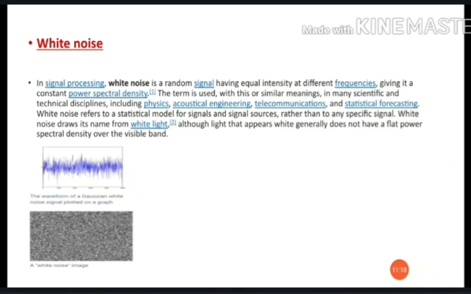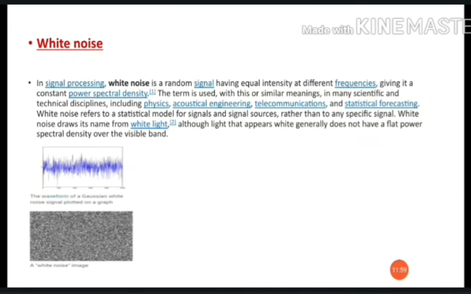White noise draws its name from white light, although light that appears white generally does not have a flat power spectral density over the visible band. Generally, we are all familiar with white noise, as in the given diagram: the white and gray shade seen on old television screens and cable TVs, caused by no-signal conditions.